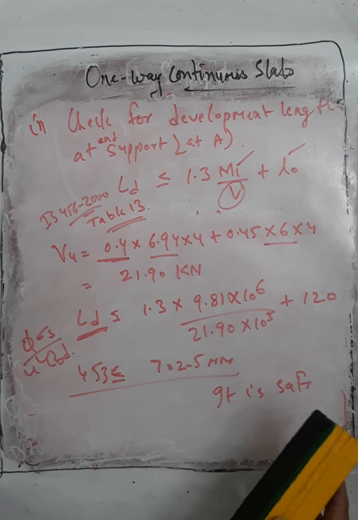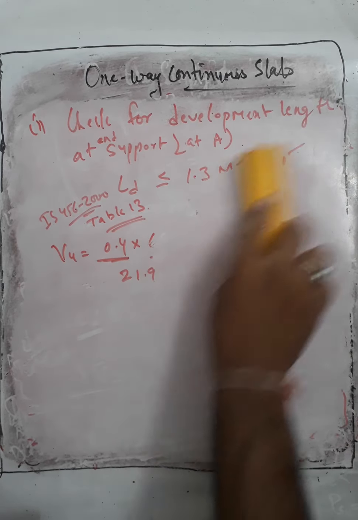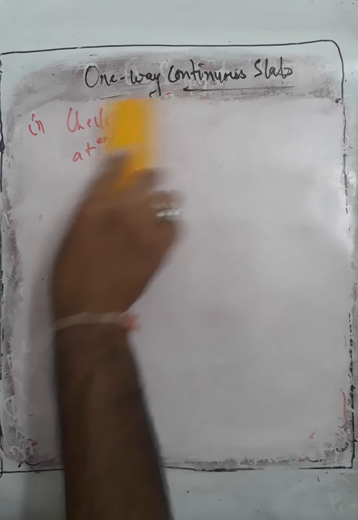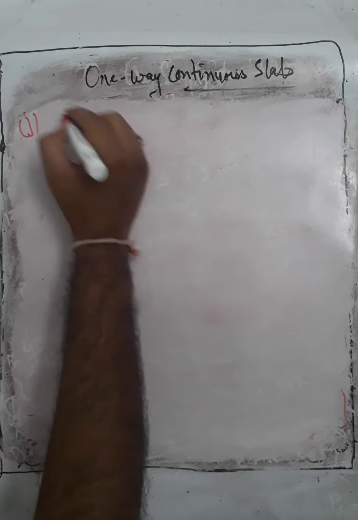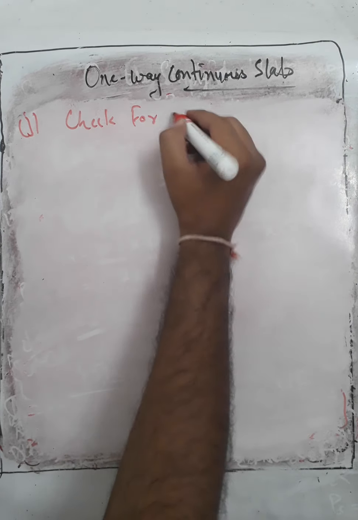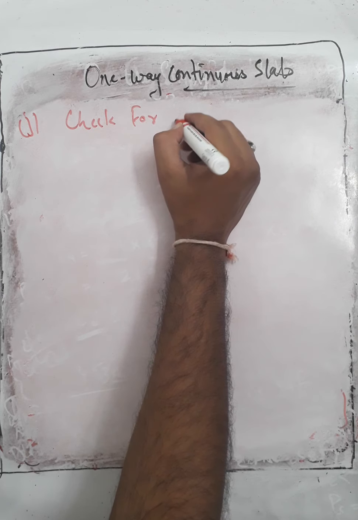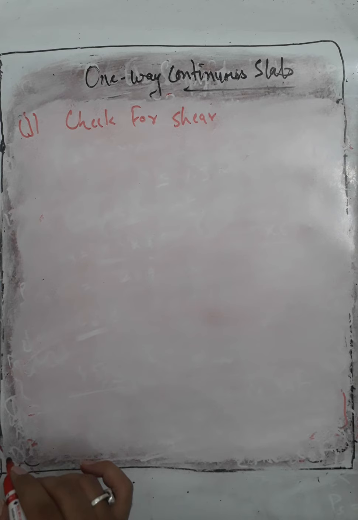Now our last check is the check for shear. For that you require table number 13 of IS 456-2000, the same as we used for finding the VU value in the check for development length. So the same table you have used.